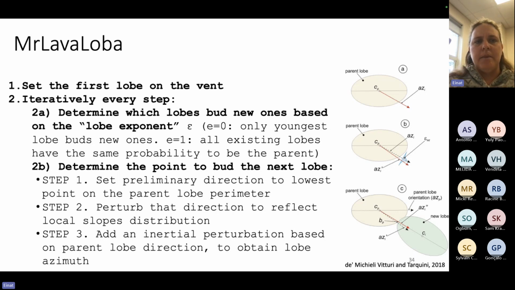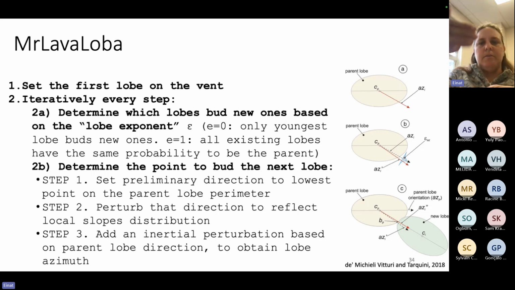And then with each step, you determine which of the lobes that you are collecting will bud a new one. So there can be a factor called epsilon, where you'd only bud a new lobe from the youngest.